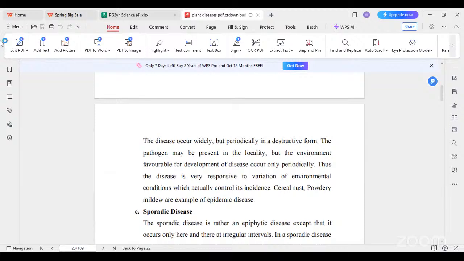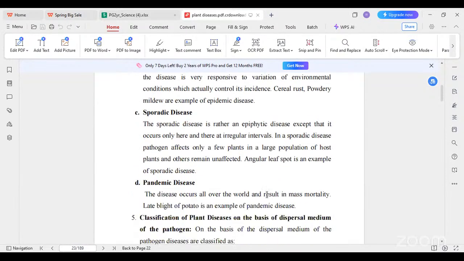The pathogen may be present in the locality, but the environment favorable for development of disease occurs only periodically. Thus, the disease is very responsive to variation of environmental conditions, which actually control its incidence. Cereal rusts and powdery mildews are examples of epidemic disease.